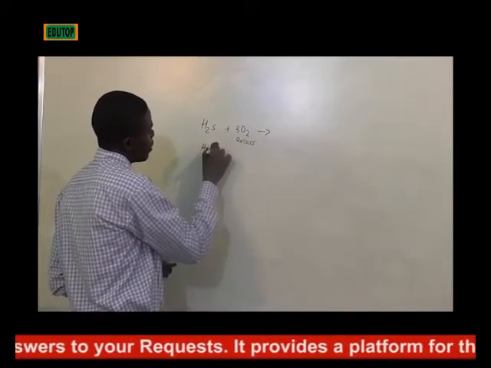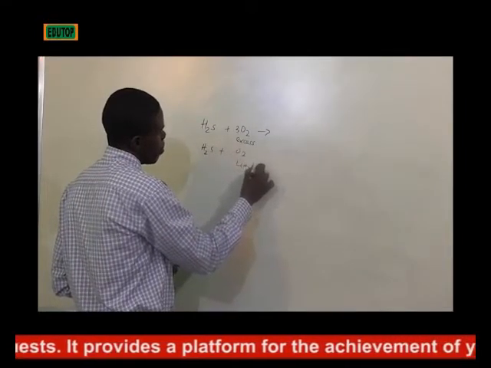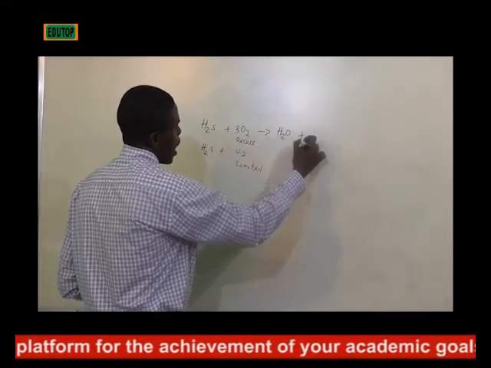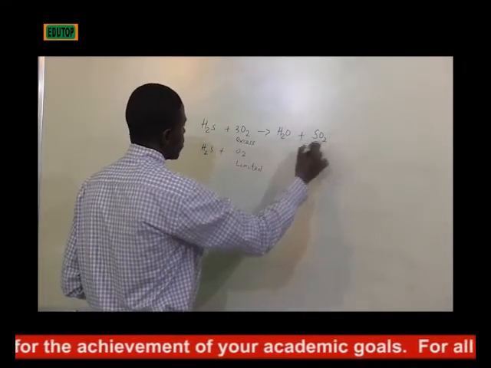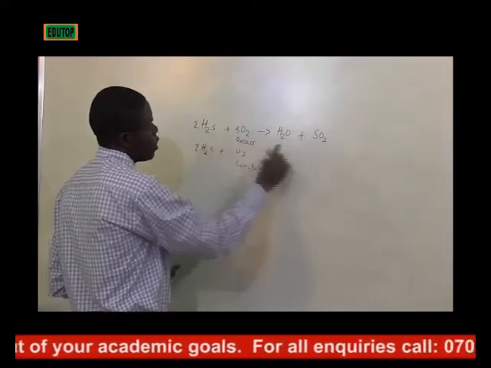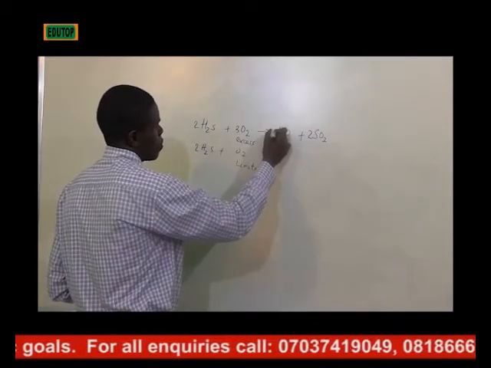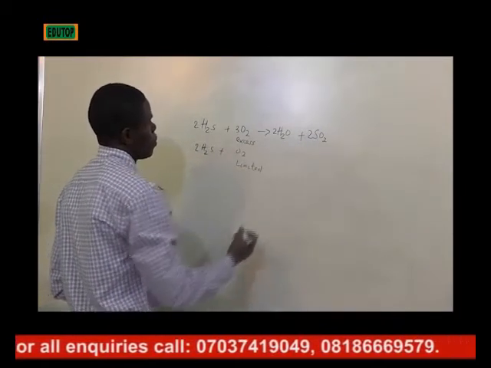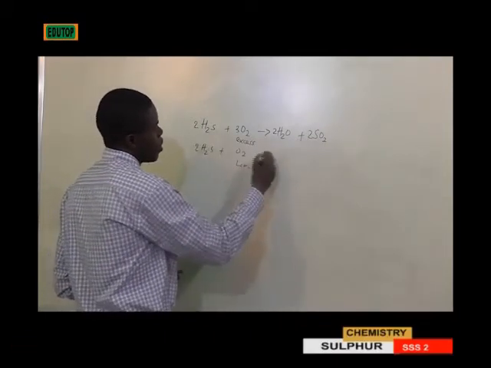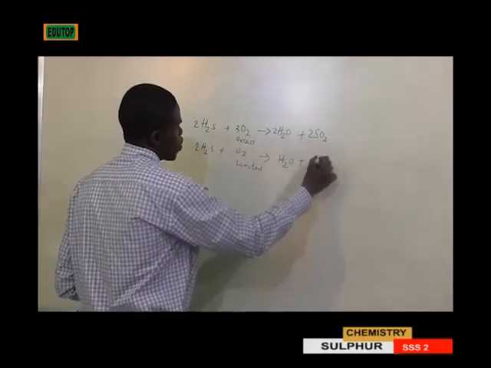Hydrogen sulfide plus oxygen in limited supply gives water and sulfur.